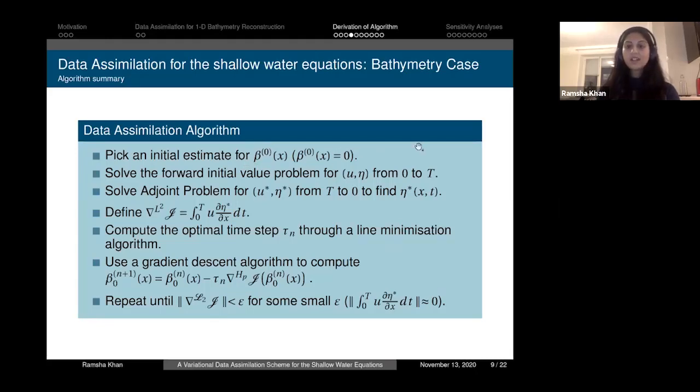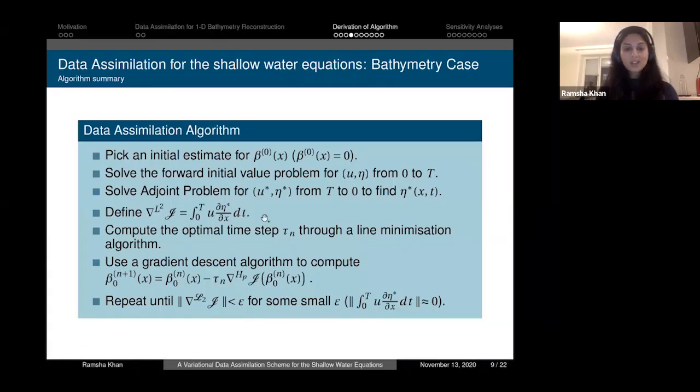In our studies, we always set the initial guess to 0. We solve our shallow water equations from 0 to our final time T to get our velocity and eta, our surface perturbation. Then we solve the adjoint problem for our adjoint variables in backward time, from capital T to 0. And doing this lets us define our gradient the way we derived it earlier.